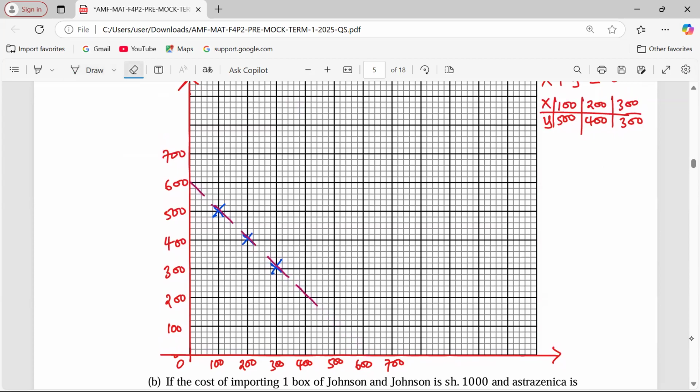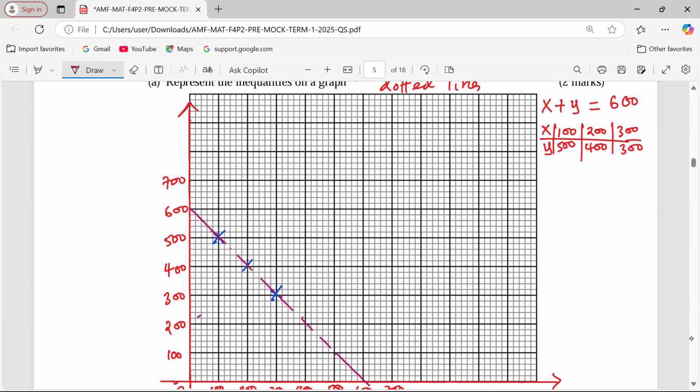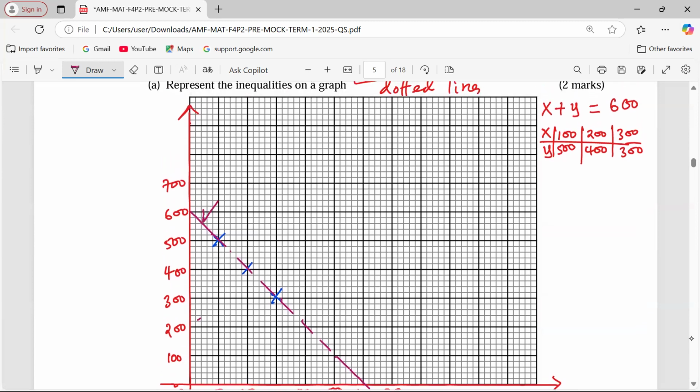Let me redo this. I want to place my ruler very well so that we have an exact line. Yeah, that way. So that is the line for the first borderline, which is borderline y plus x equals 600.